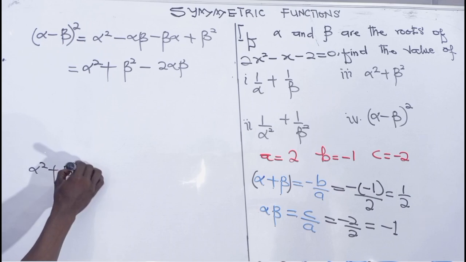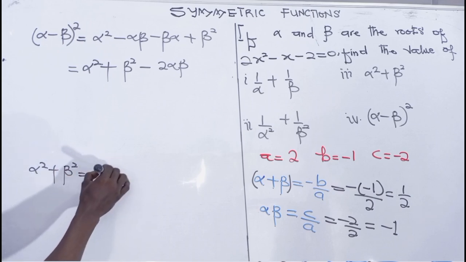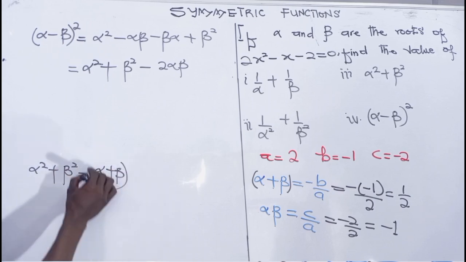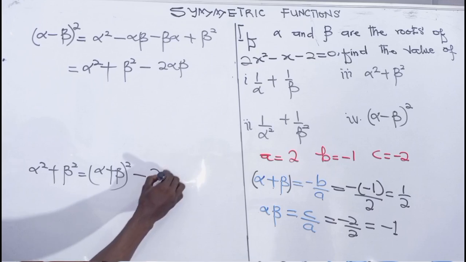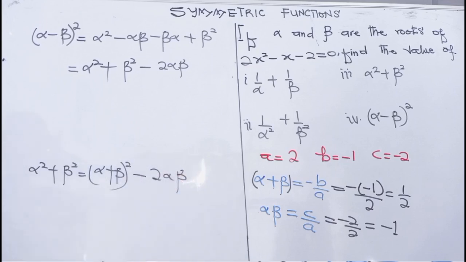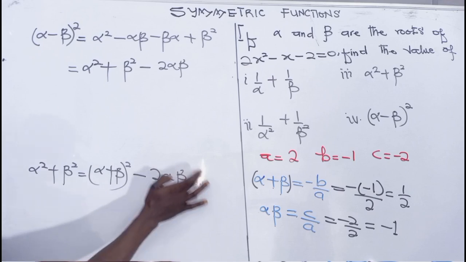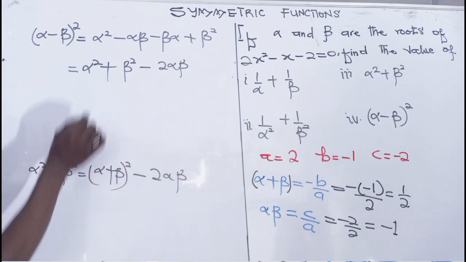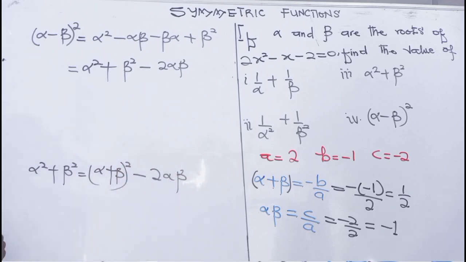And we have already established that alpha squared plus beta squared is giving us alpha plus beta all squared minus 2 alpha beta. So this means that in place of this, we are going to substitute the whole of that, or in place of this, we can write this.